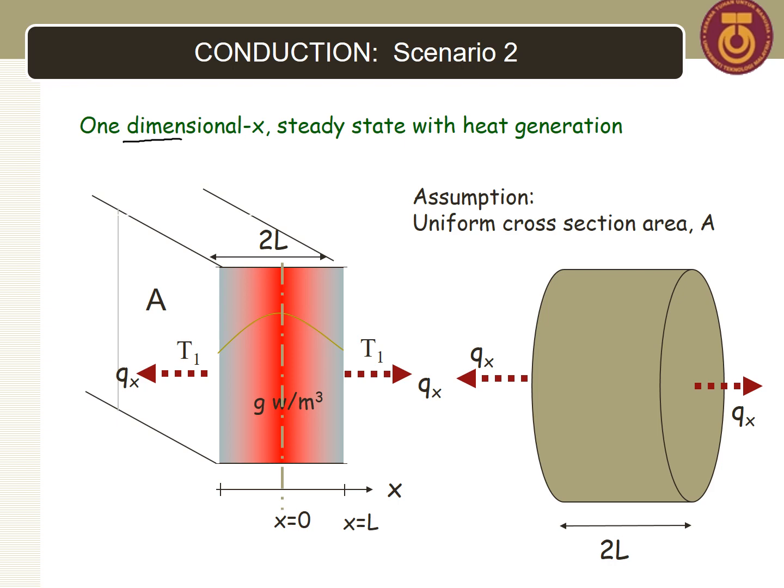But the difference is we are taking the center of the object as x equals 0. In scenario number 1, x equals 0 is here, but in scenario number 2, x equals 0 is at the center.